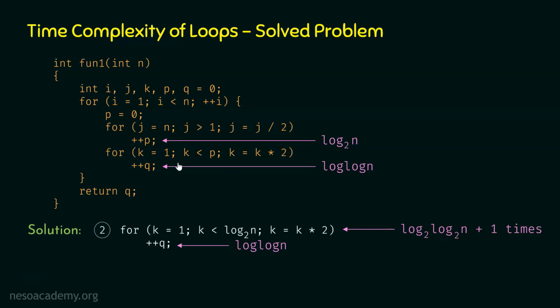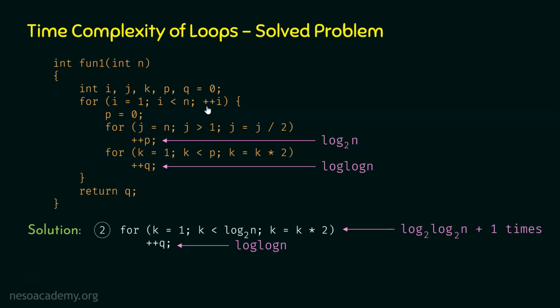But remember, this is not the final value of q. We will get this value after completion of the first iteration of this for loop. For i equal to 1, this loop body will execute, and after execution of this loop body, we will get log n as the value of q.